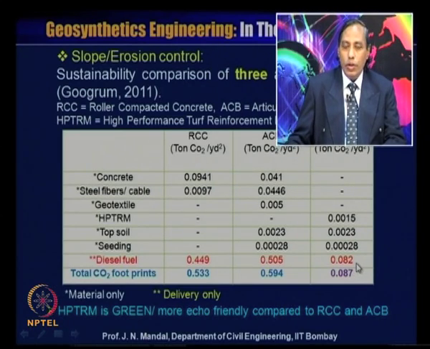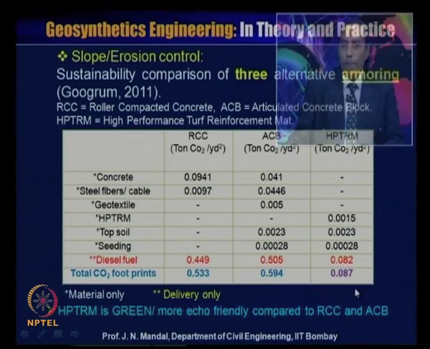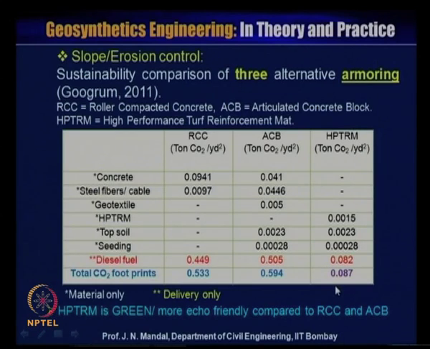So the total carbon dioxide footprint in case of RCC is 0.533 ton carbon dioxide per year, for ACB, articulated concrete block, you require 0.594 ton carbon dioxide per year, and for HPTRM, that means high performance turf reinforcement mat, you require only 0.087 ton carbon dioxide per year.